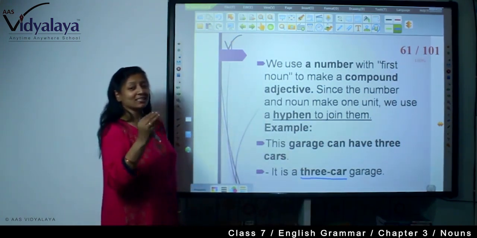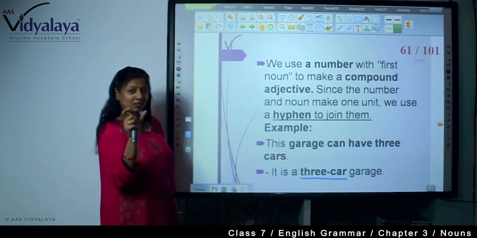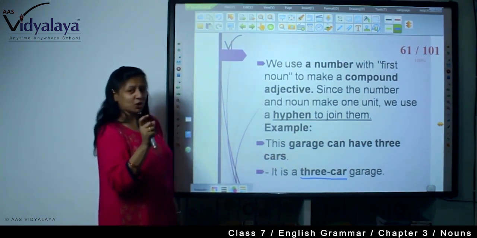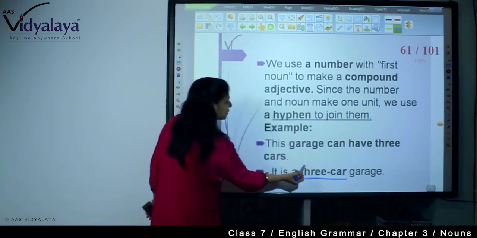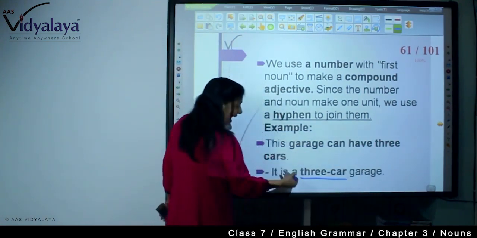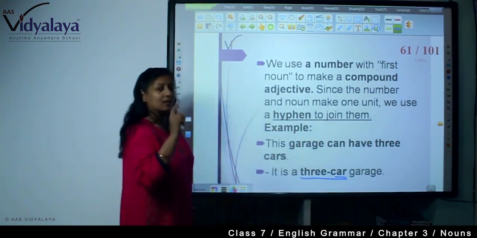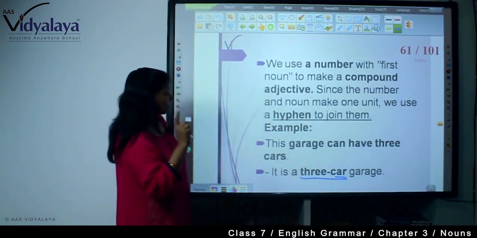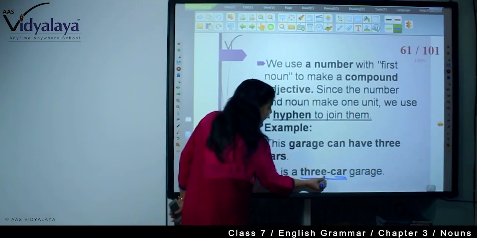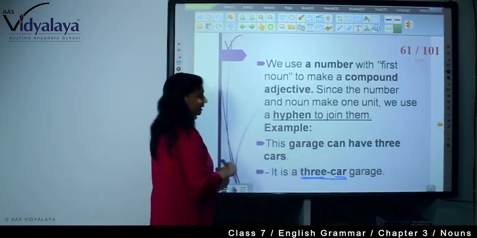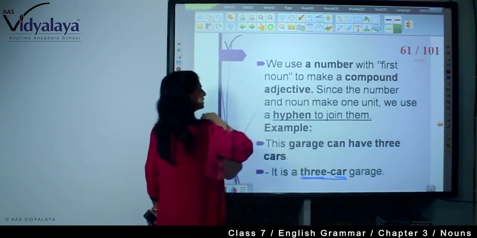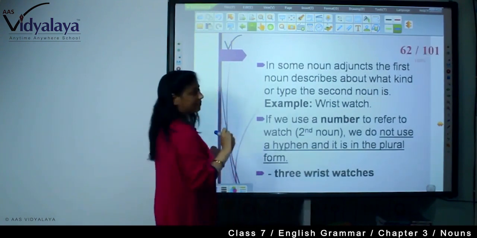As you know, what is the purpose? To write short. So here, in a very short way, we have written this is a 3-car garage, and as we cannot make car plural, we have added this number 3. So 3-car garage with a hyphen.